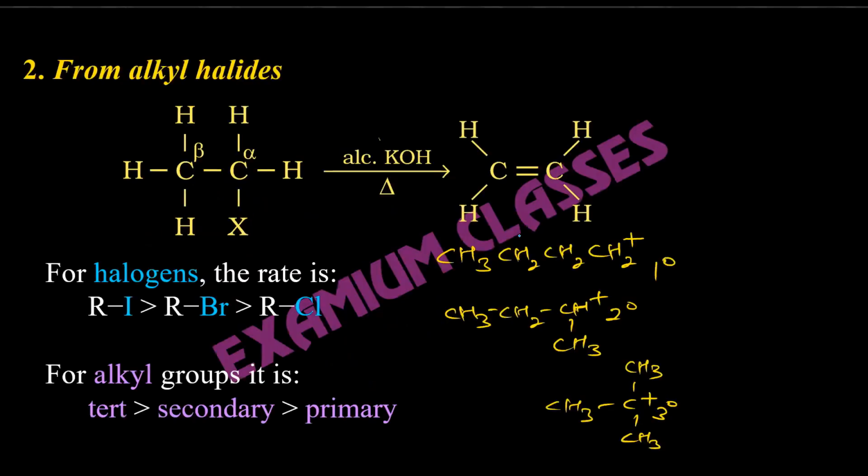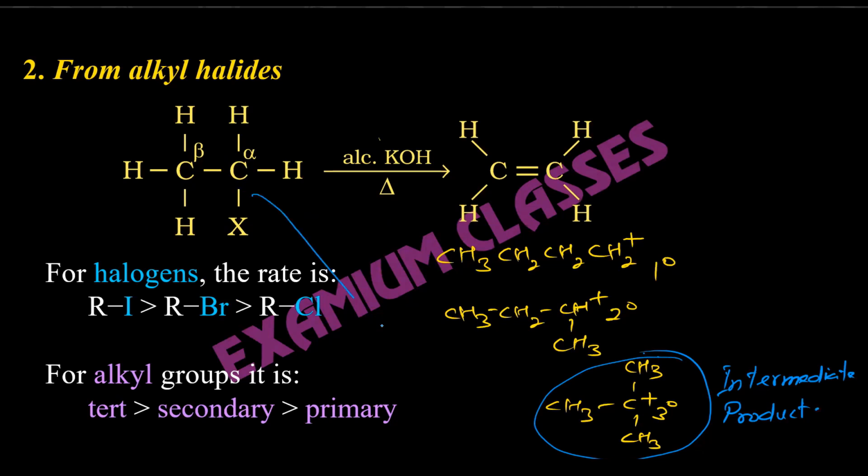Now coming back to the question. Now when we say this is most stable, why am I saying that tertiary halides will be most reactive? The reason is, this is not the product, but this is an intermediate product, which obviously will be converted into some stable compounds.